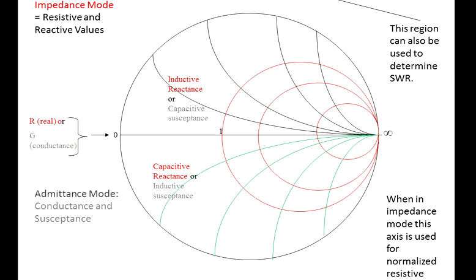So in impedance mode, this axis, and the axis that we're referring to is that one, is used for the normalized resistive values. Now this region that we're illustrating right now can also double as a scale for SWR.